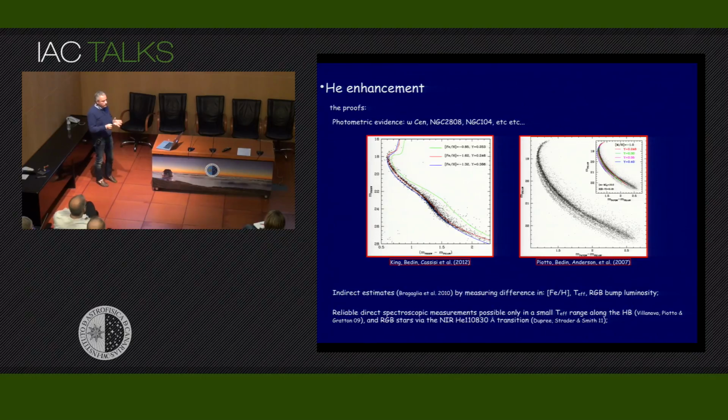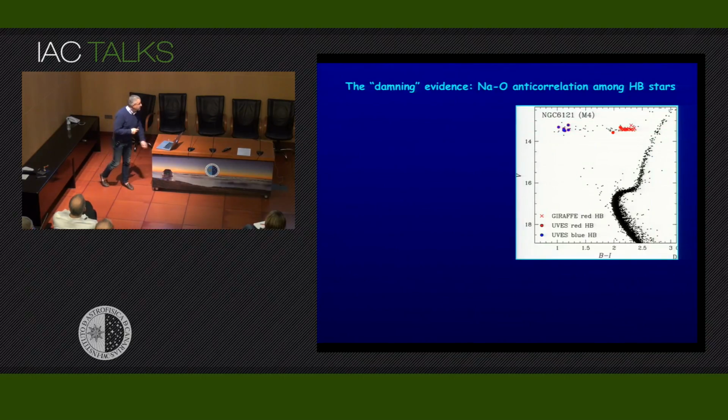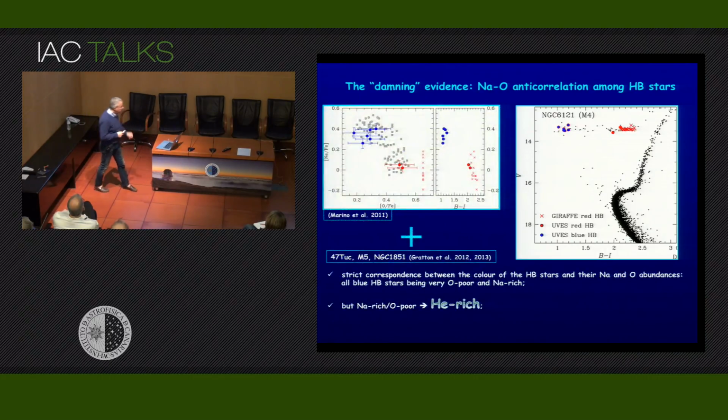But we can have a direct measurement of the presence of helium enhancement also along the horizontal branch, so to have a direct proof. This has been done. The smoking-gun evidence was collected a few years ago in a paper we did in collaboration with Fabiola Marino. We observed stars along the horizontal branch of M4, red and blue, and we made spectroscopy.